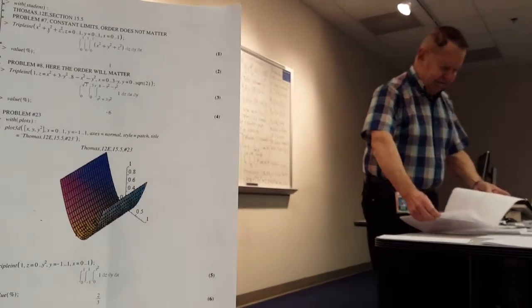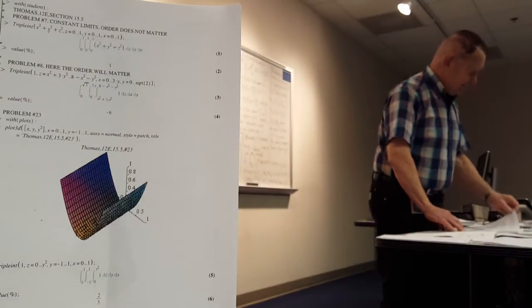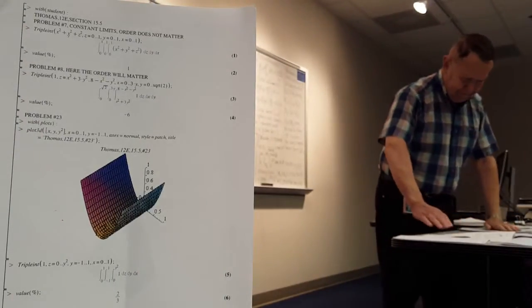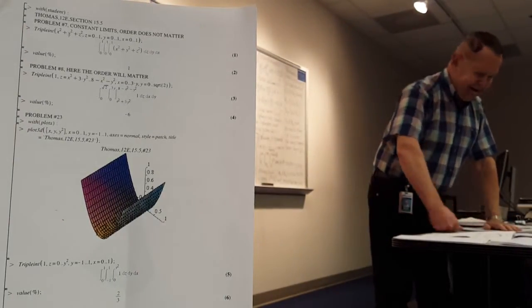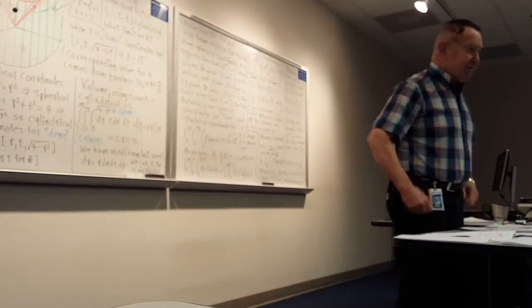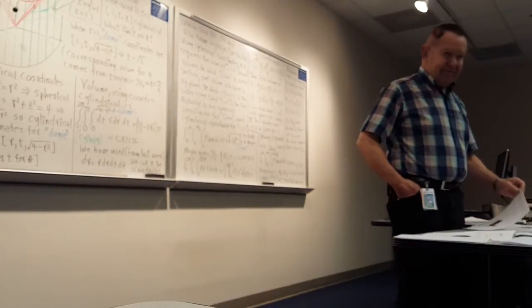See if you can find that, and if you cannot, I can give you another one. If you can find it, go to the third sheet in from the back where it says Thomas 15.7 cylindrical coordinates problem 4. And then we'll start there.